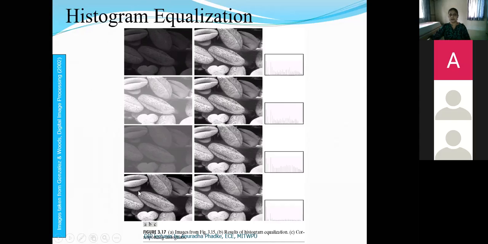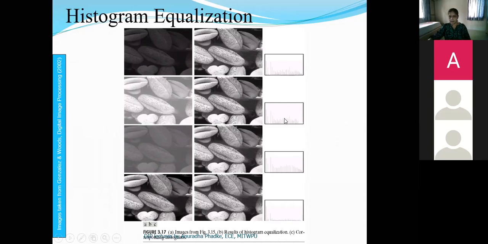Now this fourth image is originally an image having good contrast. So though you apply histogram equalization, its contrast is the same as your original image, because the original image itself has good contrast. So after applying histogram equalization, we are again getting an image with good contrast.